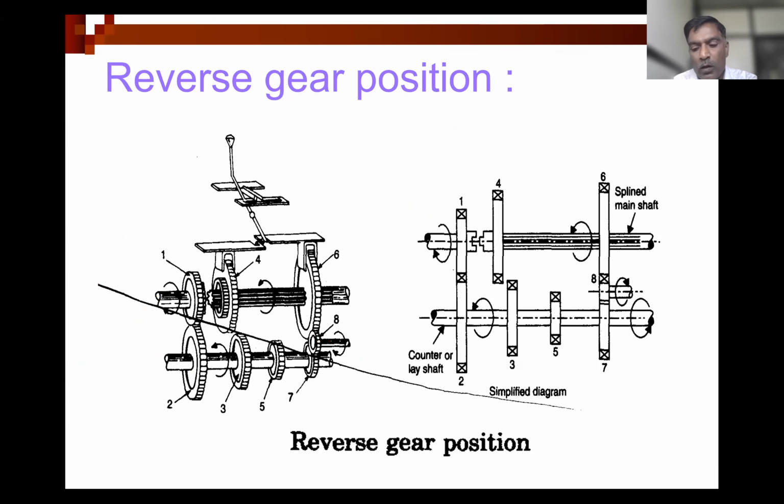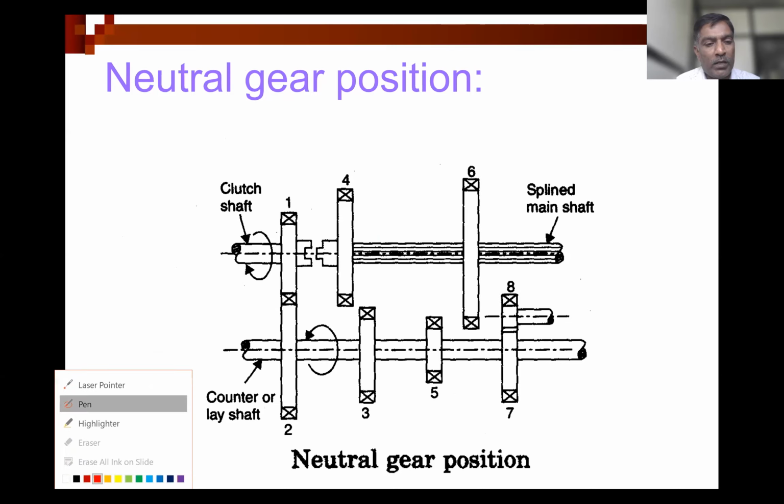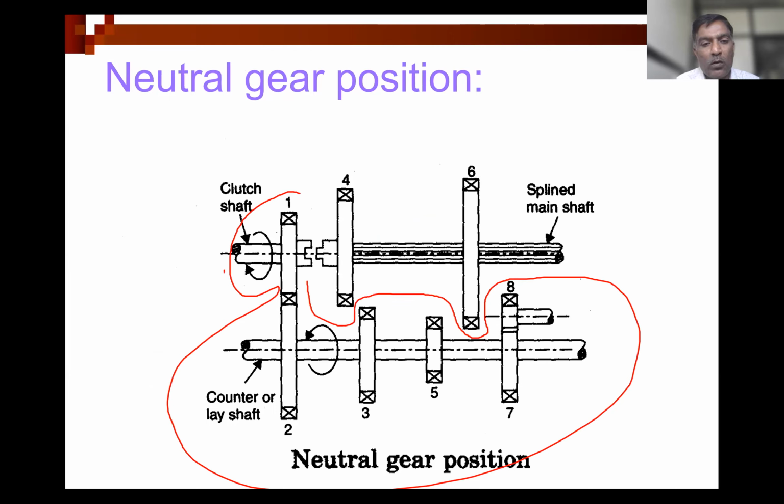Now last position, that is neutral gear position. Even though the power is transmitted from the flywheel to this clutch, the main shaft is not in contact with the clutch or the lay shaft, and this is called a neutral gear position.